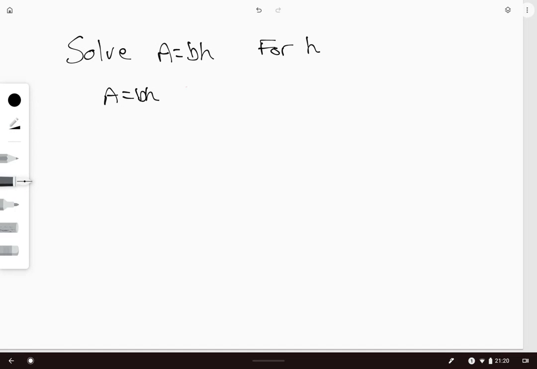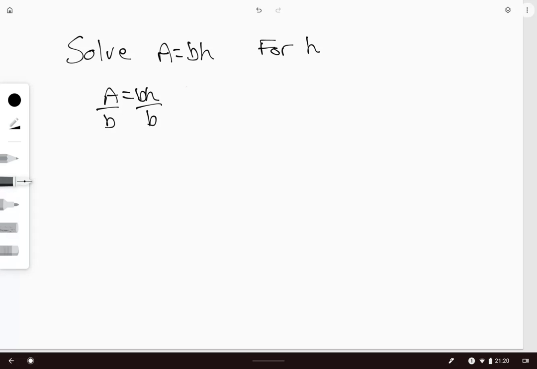So the operation that I see here is multiplication. And since I'm solving for H, I want to isolate H to one side of the equation. So what I would do here is, since I'm multiplying by B, I would divide both sides by B.